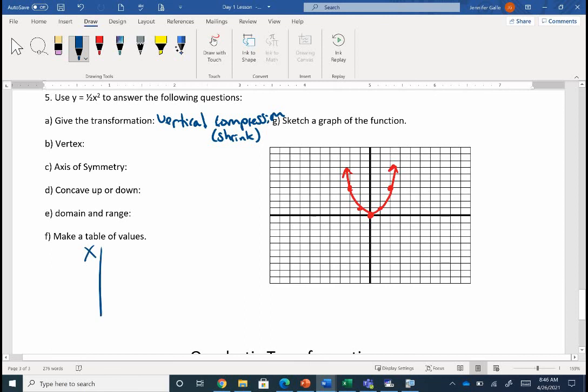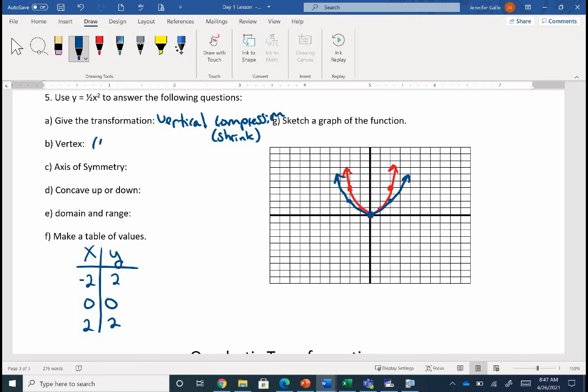Okay. So we've got -2, 2, 0, 0, and 2, 2. Still that curvy shape. As best as you can, it's not that V shape.